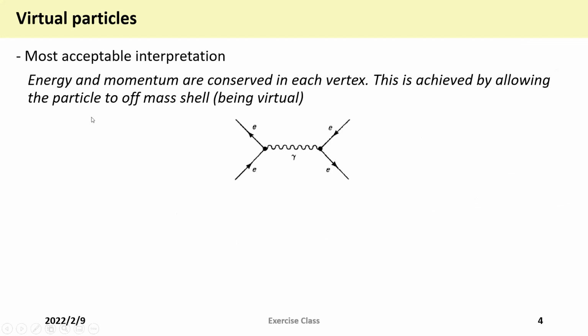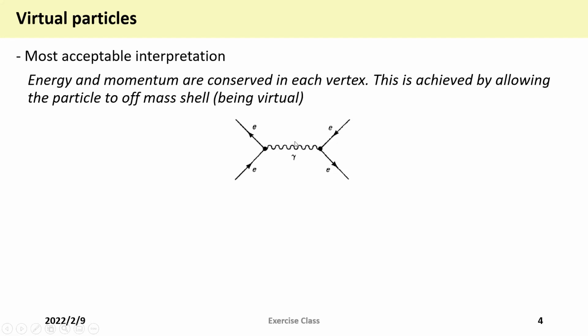Back to the Feynman diagrams. Nowadays, the most accepted interpretation is that in diagrams, energy and momentum are conserved at each vertex. To achieve this, these particles have to be off mass shell.